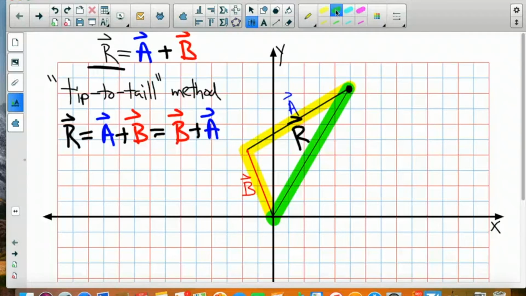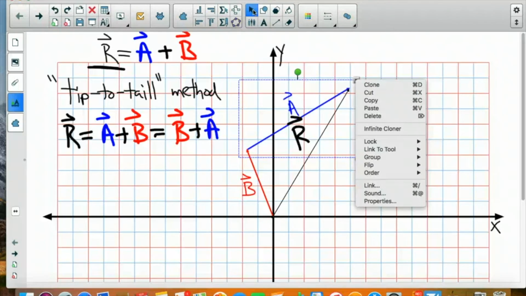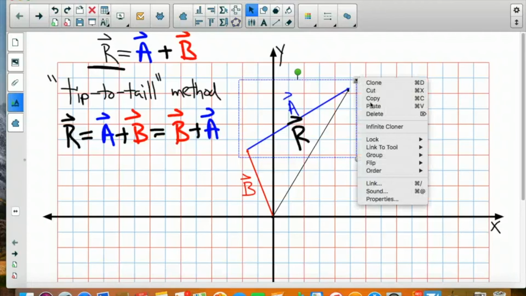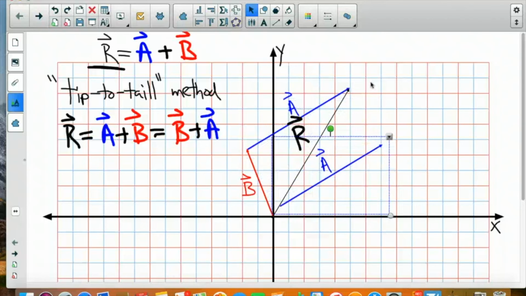Now you might notice because of this commutative property that I can basically make a nice little parallelogram with my vectors. So if I grab A and I clone it. Clone, there it is. And then I grab it and I put it here where it started.